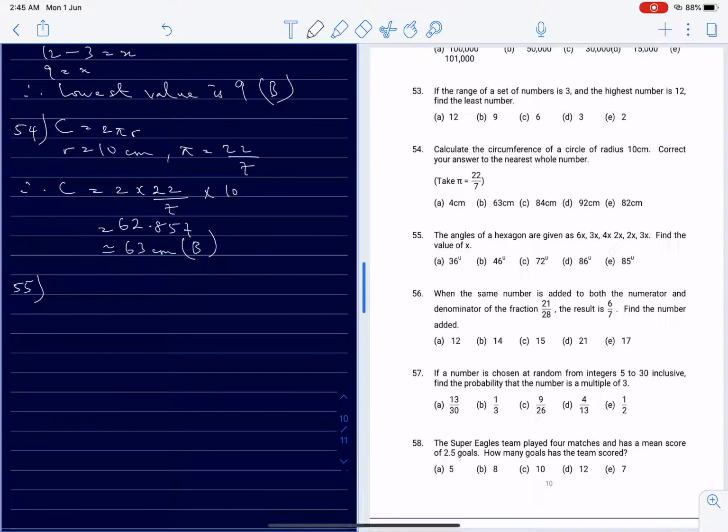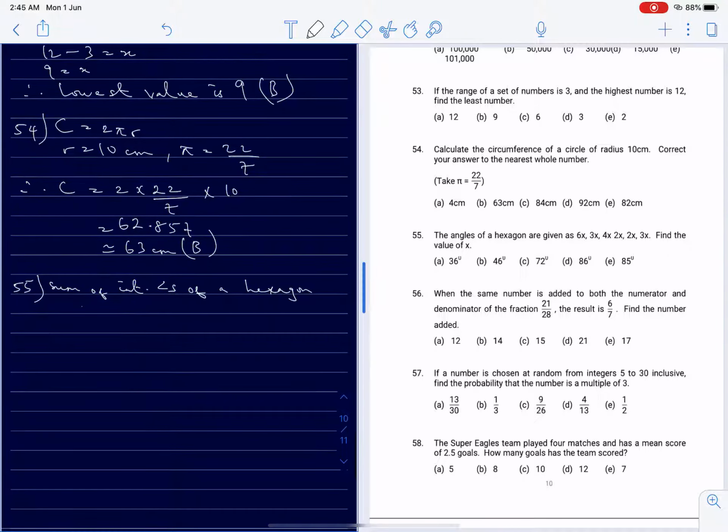We use the sum of interior angles of a hexagon, which is n minus 2 times 180 degrees.